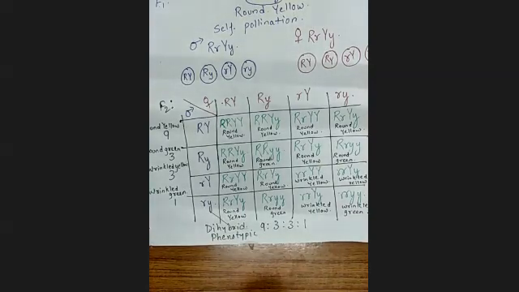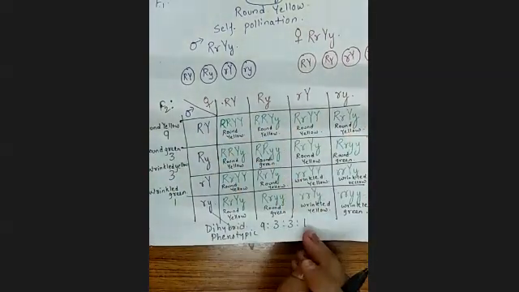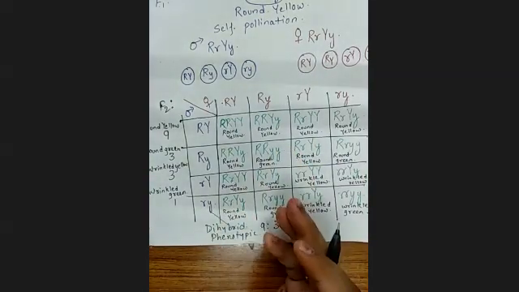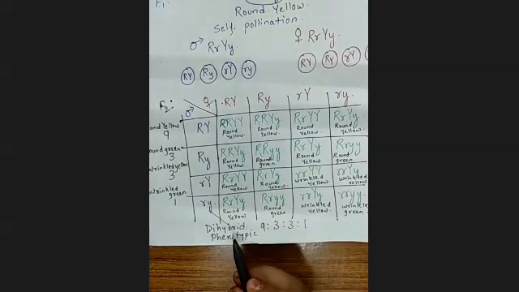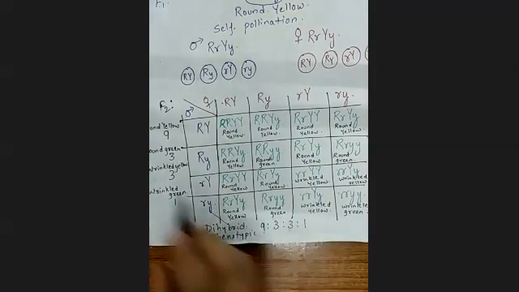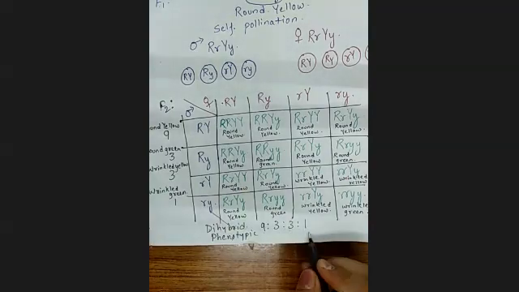So what do you mean by phenotypic? That means physically what he can see was this. What he was observing was physical. He can see through his eyes, he can count them, he can write the results. That is why it is called the dihybrid phenotypic ratio. Physically, 9 plants were completely dominating, 3 plants are a little bit mixed, round green and wrinkled yellow, showing mixed characteristics, while only one was showing the recessive one.